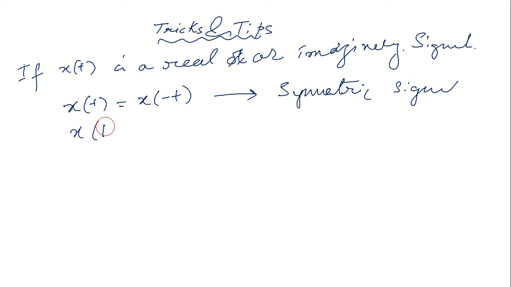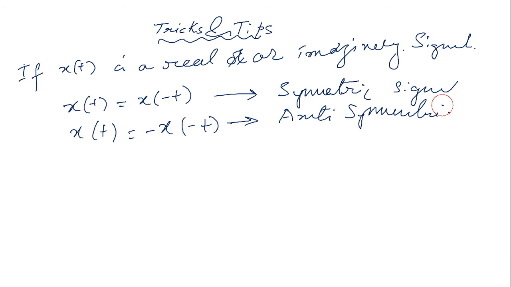If x of t equals minus of x of minus t, that is an antisymmetric signal or odd signal. Symmetric signal or even signal, antisymmetric signal or odd signal.